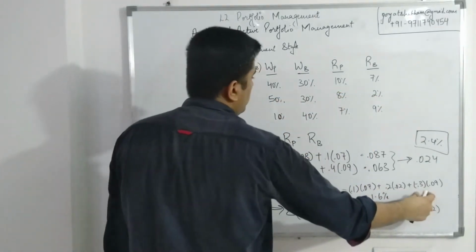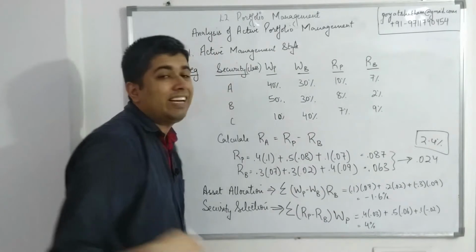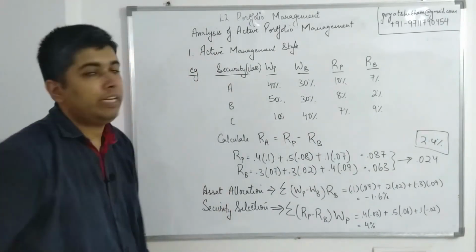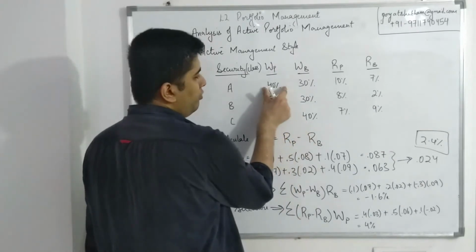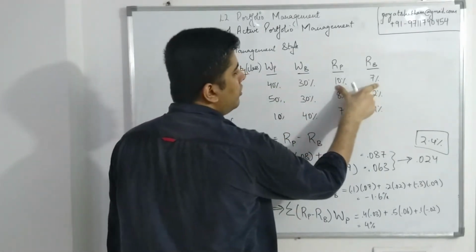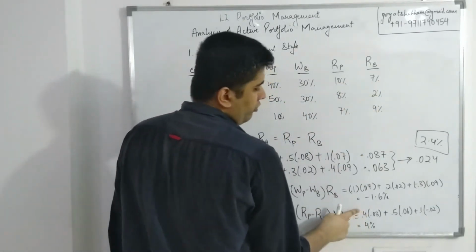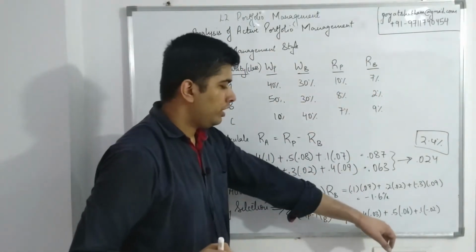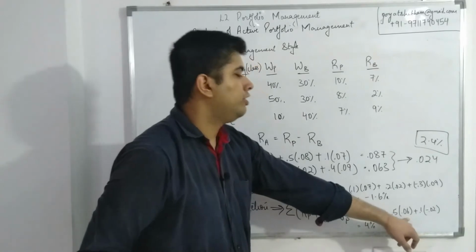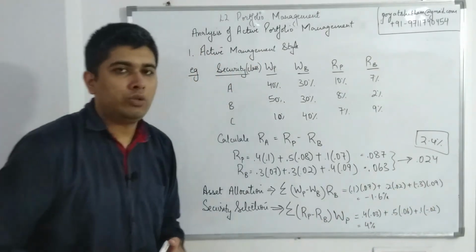That's what I've done for the third one also. The difference in weights is negative 30%, so I have minus 0.3. And in the second case, what I've done is I'm taking weights of portfolio and the difference of returns. So weight of portfolio 0.4, the difference in returns is 3%, which is 0.03. For the second one, it is 6%, 0.06, then minus 0.02.